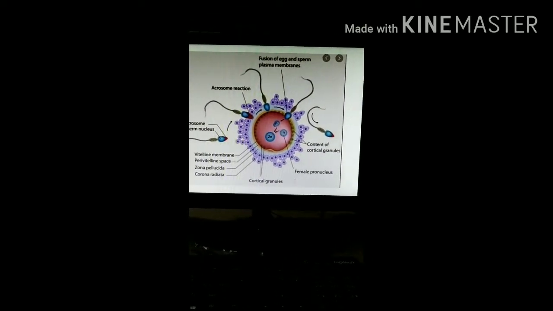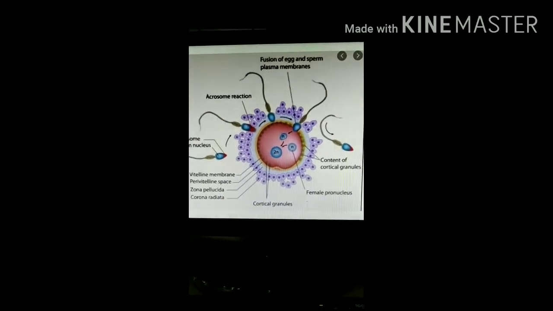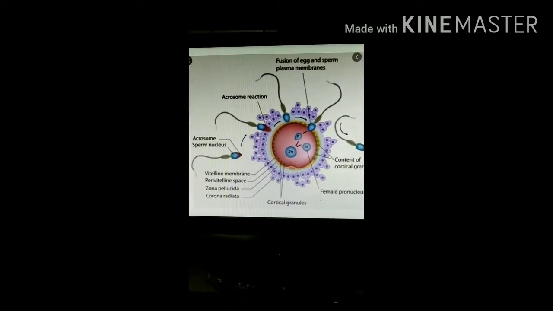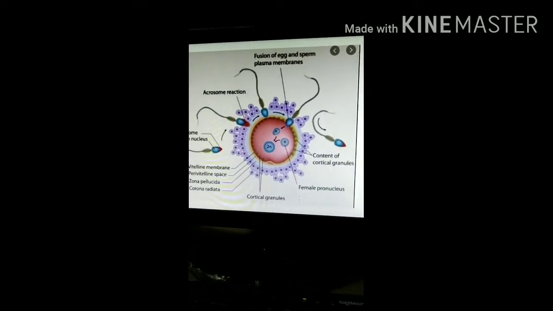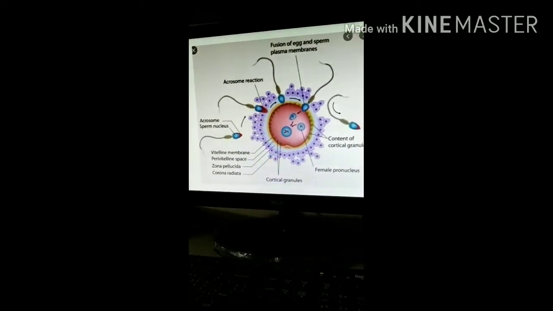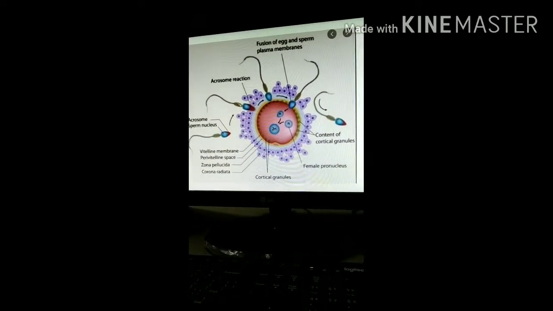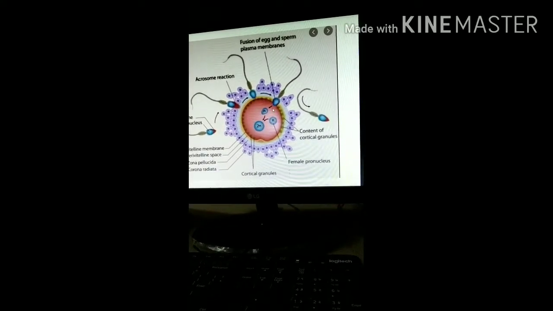This figure focuses on all the events of the spermatozoa. This figure shows the total events of fertilization. The first event, the sperm penetrates the corona radiata, second the zona pellucida, third fusion.